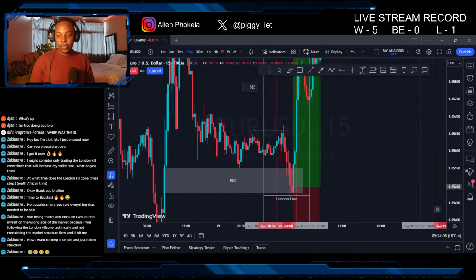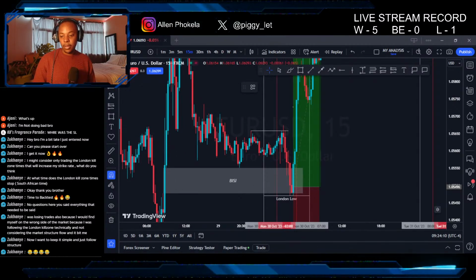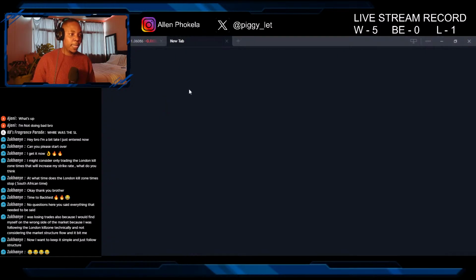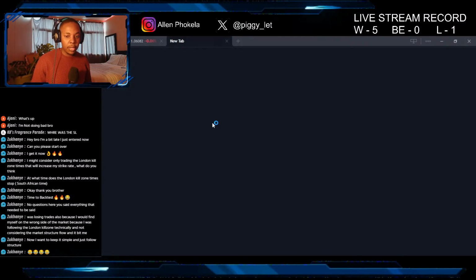Let me use two screens so it can easily be explained.